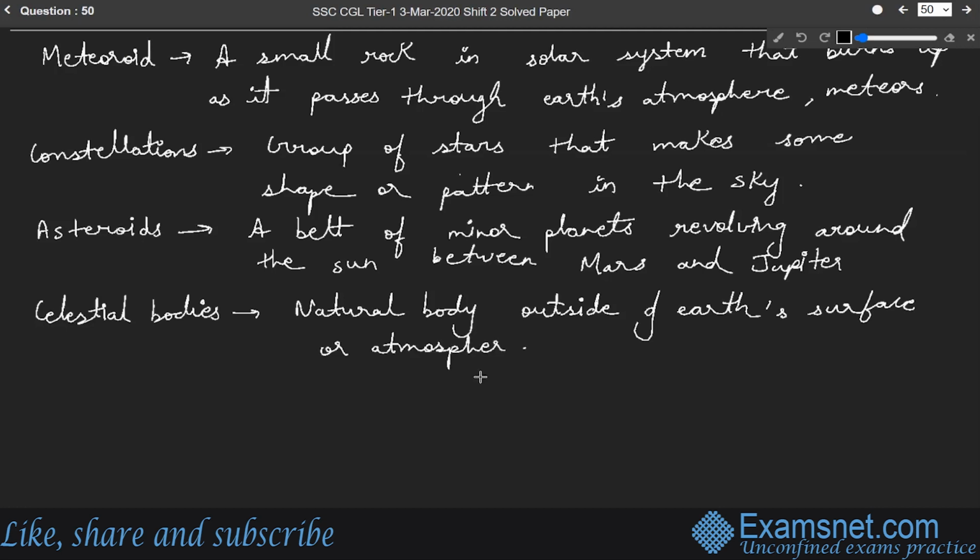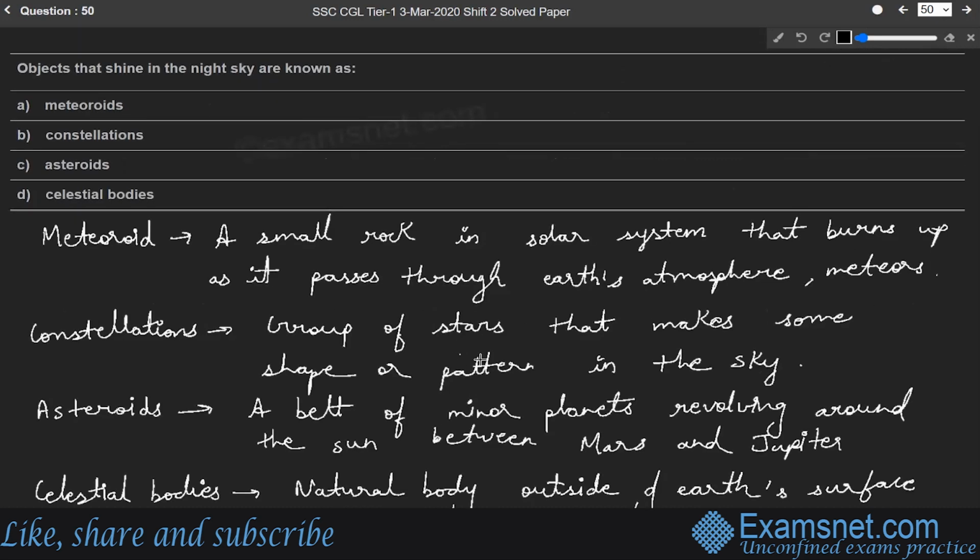For example, we can say the moon, sun, and other planets of the solar system. So celestial bodies are those bodies which shine, or objects like the sun, moon, and all the objects that are shining in the night sky are known as celestial bodies. So for this question, the correct answer is celestial bodies. There are various kinds of celestial bodies.